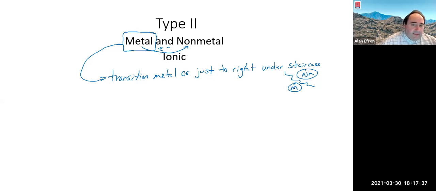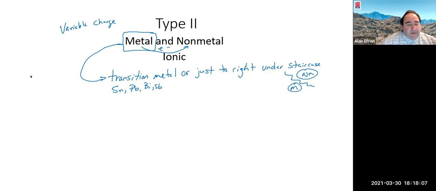So some of these metals in that area, metals like tin, lead, bismuth, antimony, although they're again not classified really as transition metals, what they share in common with transition metals is they have the ability to have a variable charge. And again, in certain situations, the same element can have multiple types of charges.